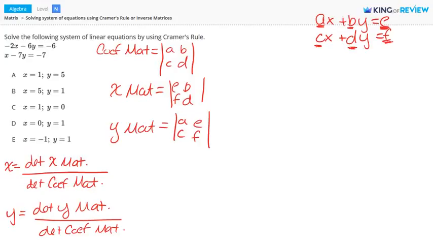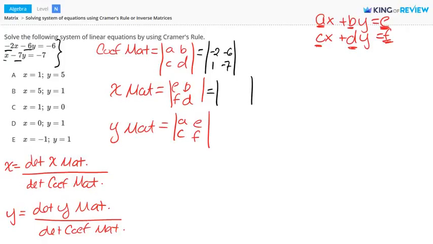So let's fill these out using our values. Let's start with the coefficient matrix. What are the coefficients in our system here? Well, we have -2, -6, 1, and -7. And now the x matrix.